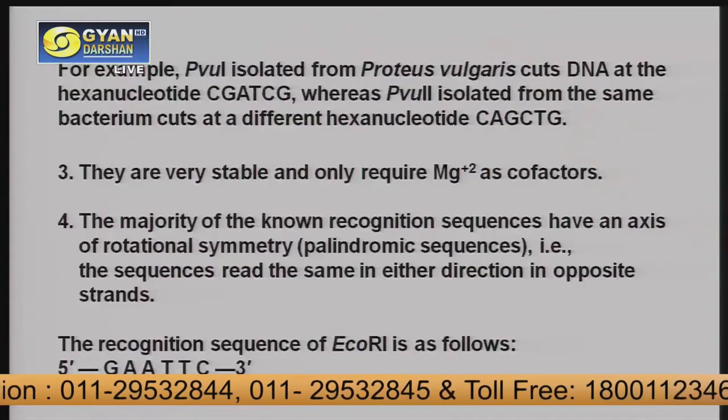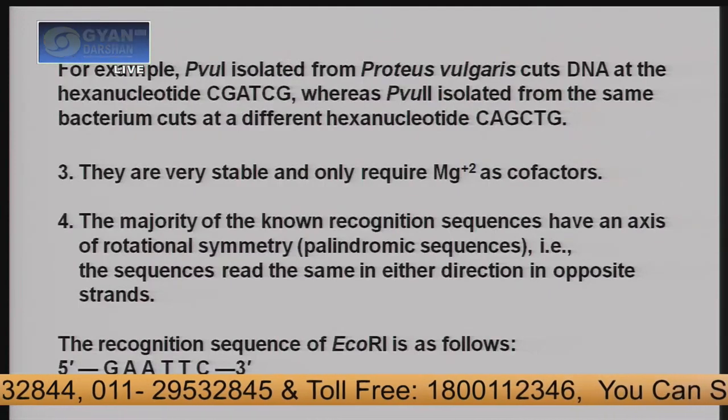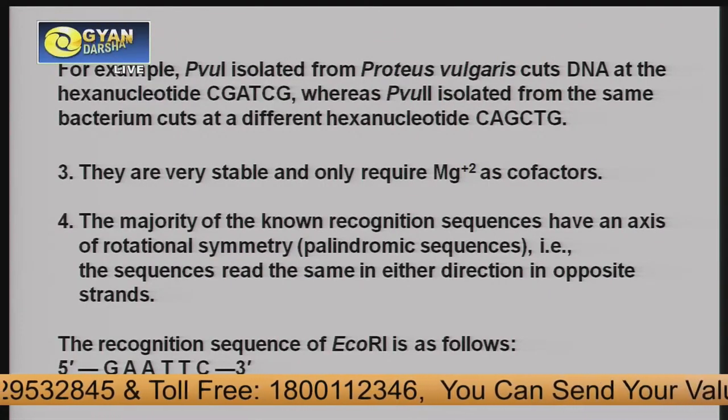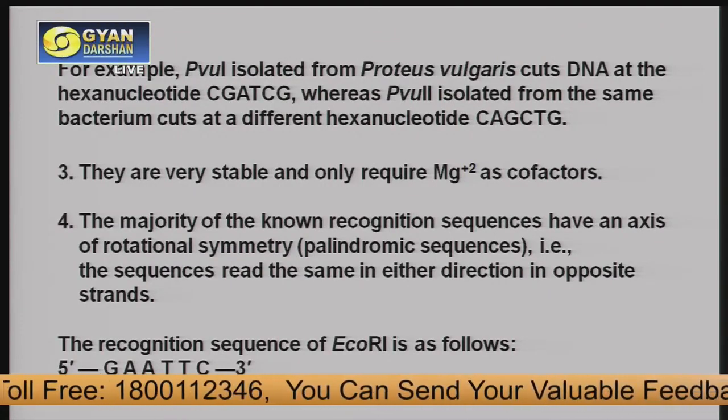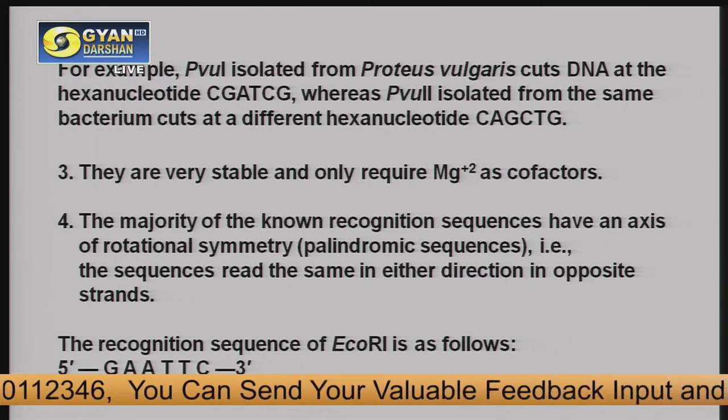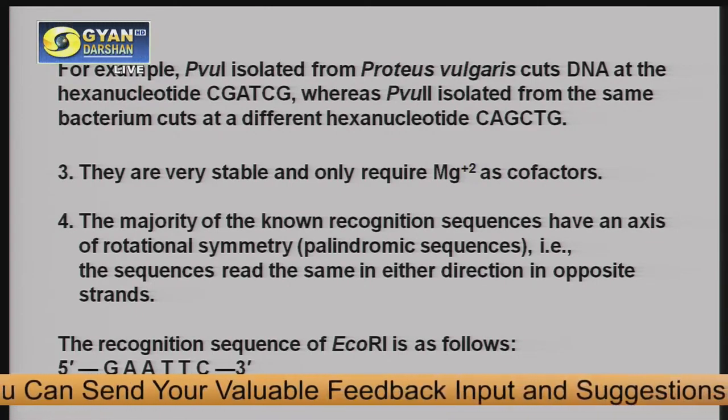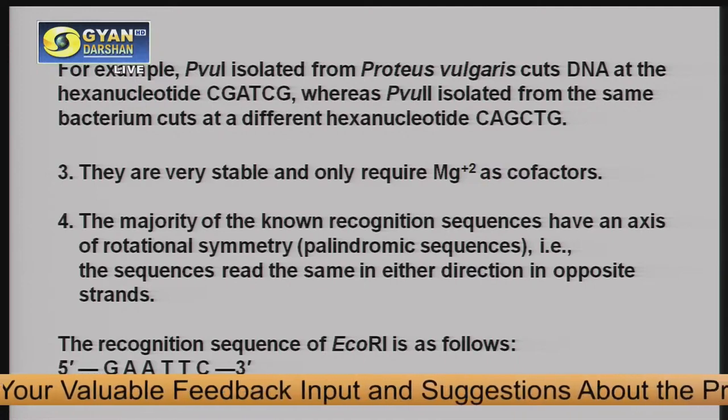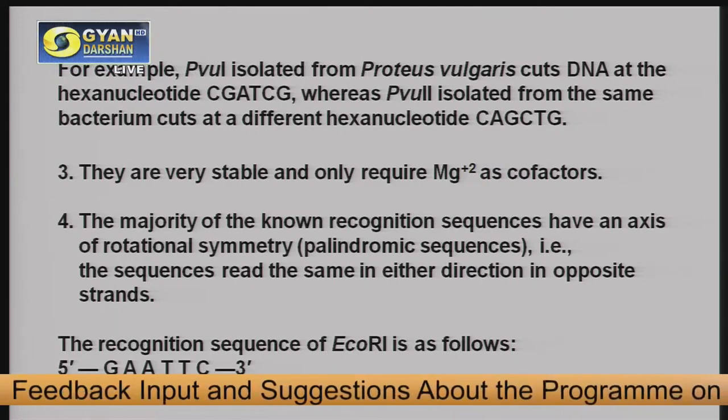If you read this sequence from 5' to 3' and if you read the sequence from the reverse strand, see the EcoRI sequence, GAATTC. If you read this sequence in the reverse order, it will be the same, GAATTC, based on complementary base pairing. Such sequences are called palindromic sequences.